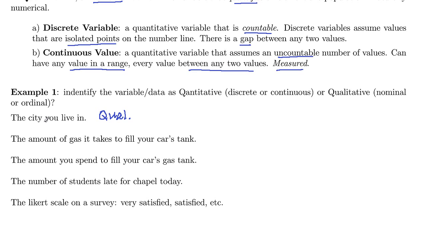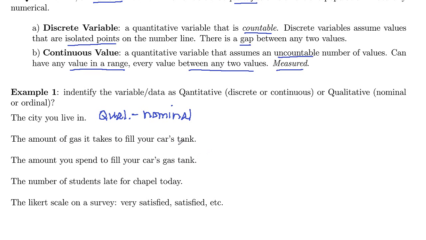Now, granted, you can categorize cities by size, but we haven't made any mention of that here. So these are strictly just categories. This is going to be qualitative and then nominal. And then the amount of gas that it takes to fill your car's tank.